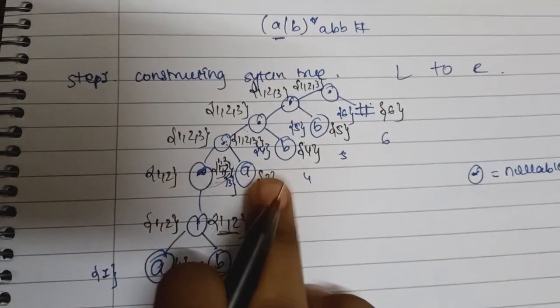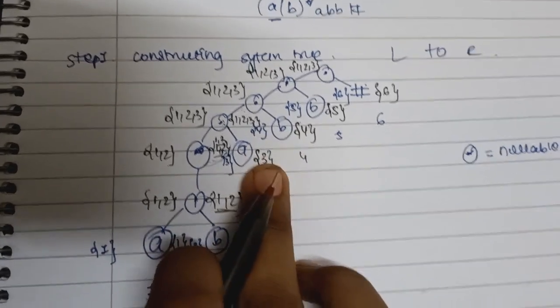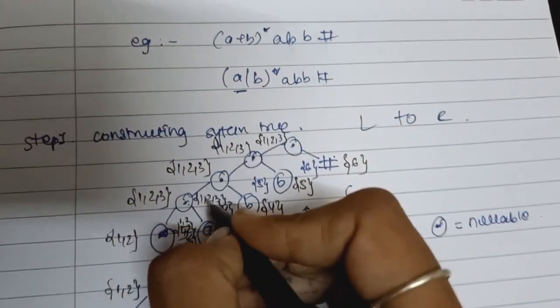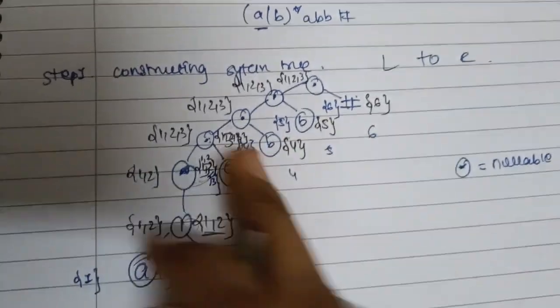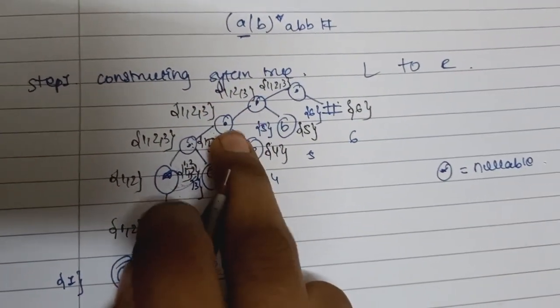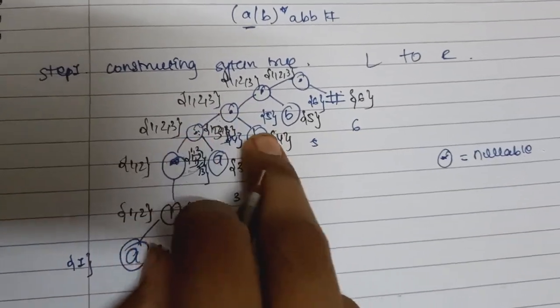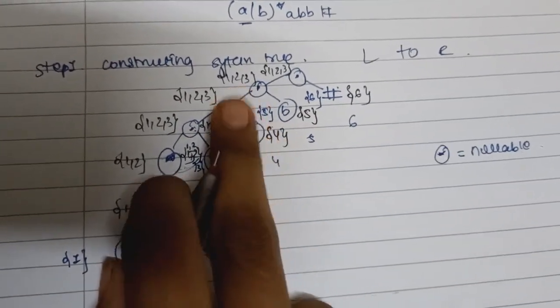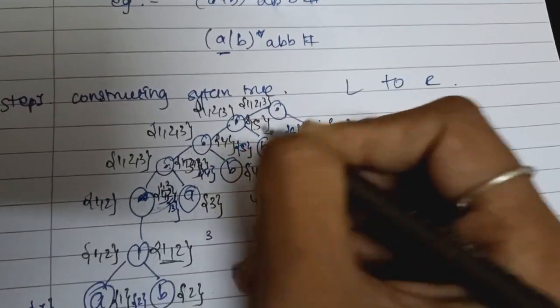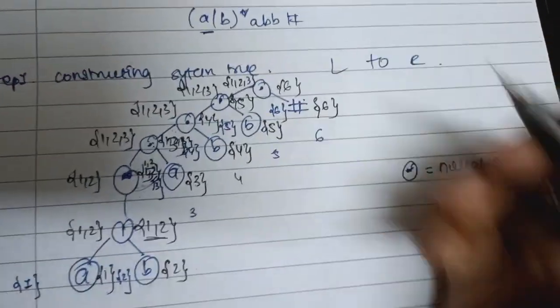First we need to check if C2 is nullable. No, our C2 is not nullable. So what will be the last position? The last position of C2, that is 3. Now let's see the last position of this. First we need to check if C2 is nullable. No, so the last position will be 4. Similarly here it will be 5, and here it will be 6.